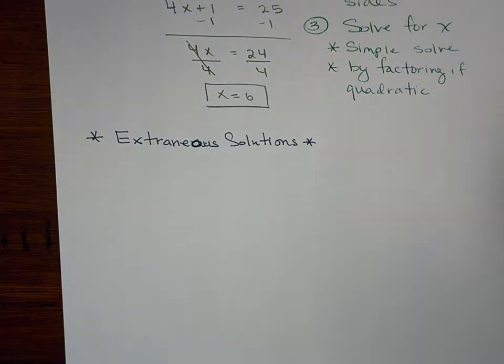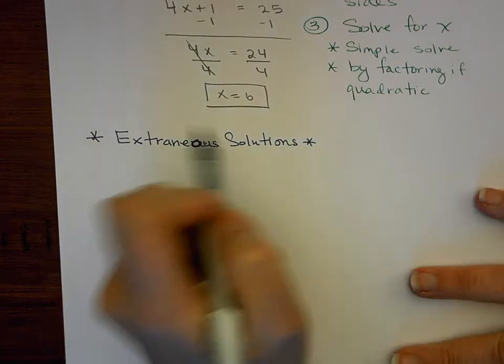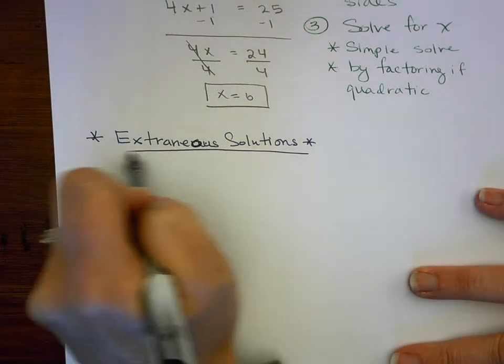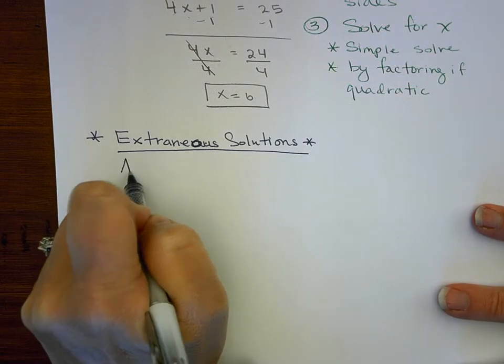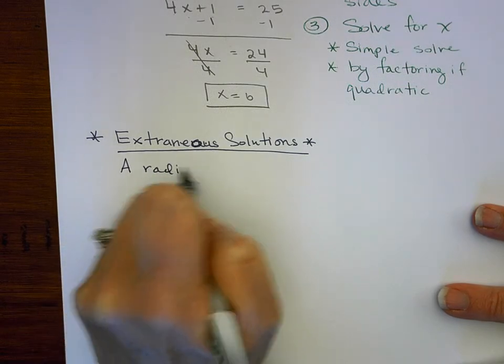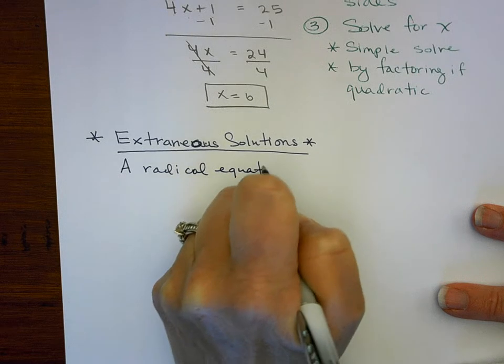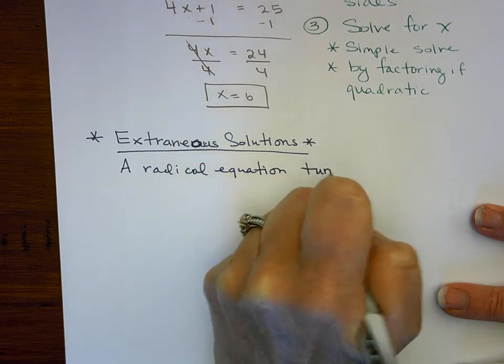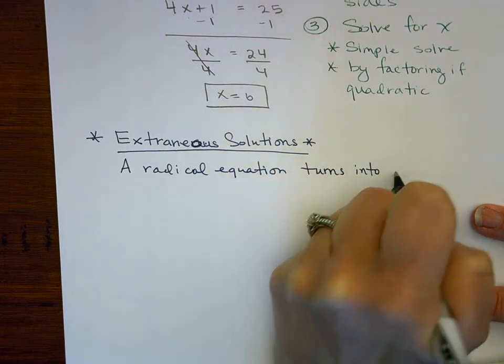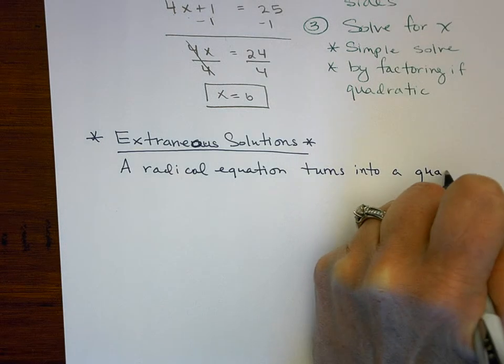And usually what happens here is we turn a square root function into a quadratic. And so that creates an extraneous solution. So an extraneous solution is when a radical equation turns into a quadratic equation.